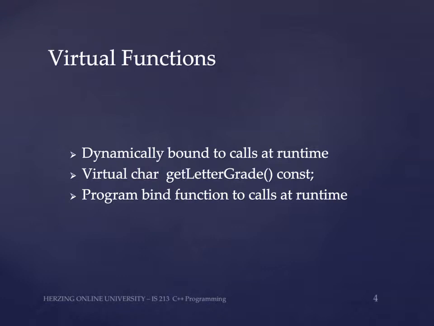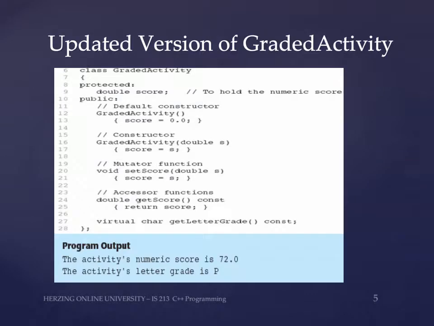The compiler will not bind the function to calls; instead the program will bind them at runtime. In this example, notice that the function is now virtual on line 27. The function becomes virtual in all derived classes automatically. If we compile our program with the updated version of the classes, we will get the right output shown here.